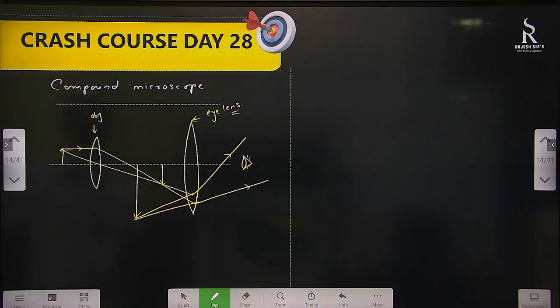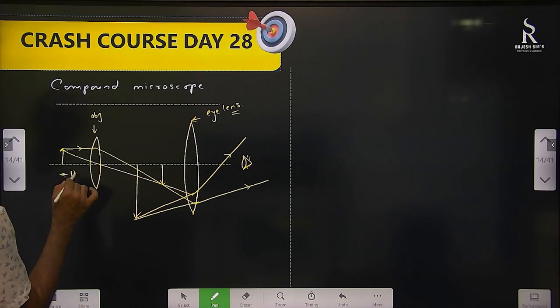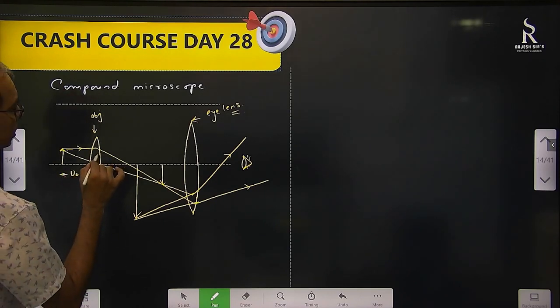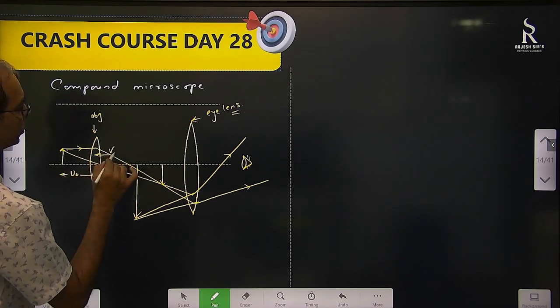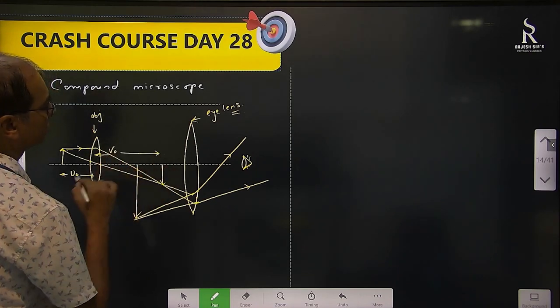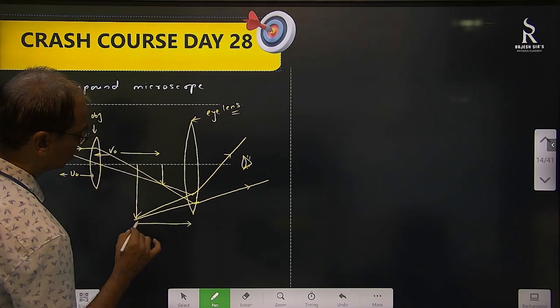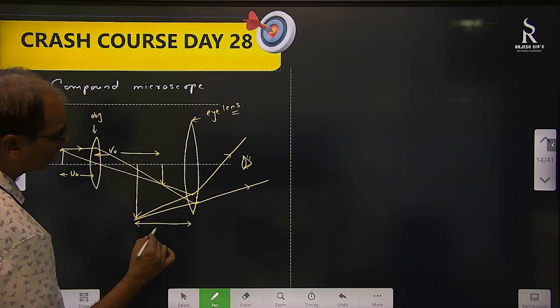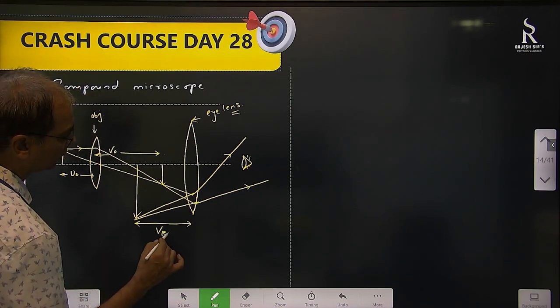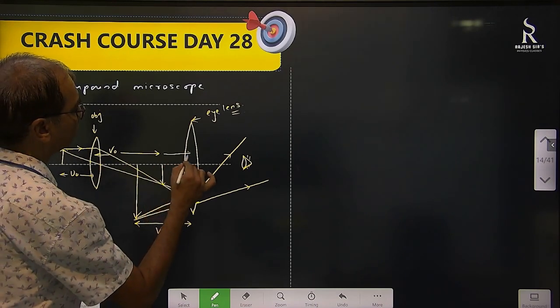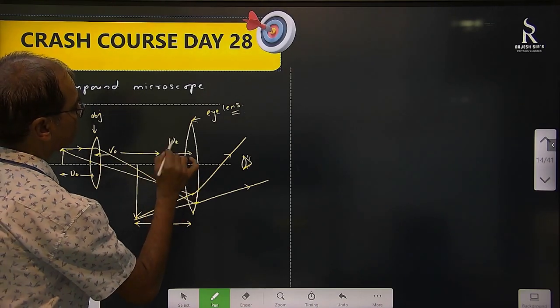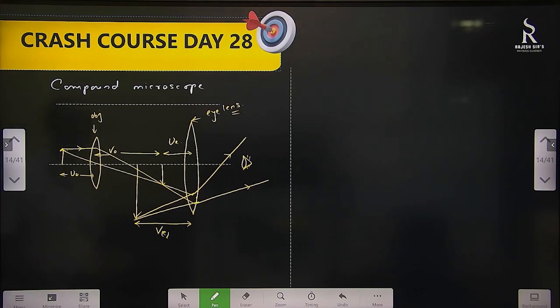Okay, what is this now? This is object distance from objective. This is image distance from objective. Which one? This one. And this is image made by eyepiece, and this is object for eyepiece. Just like this. But these are two lenses.